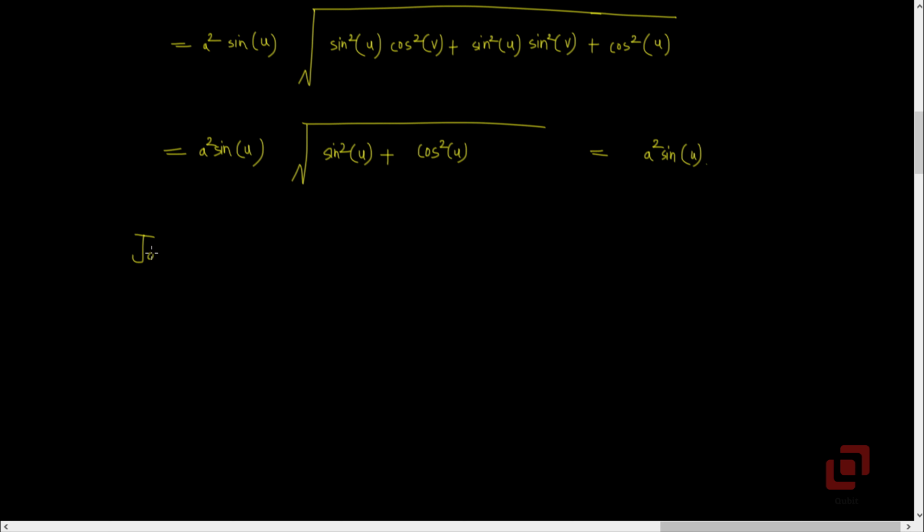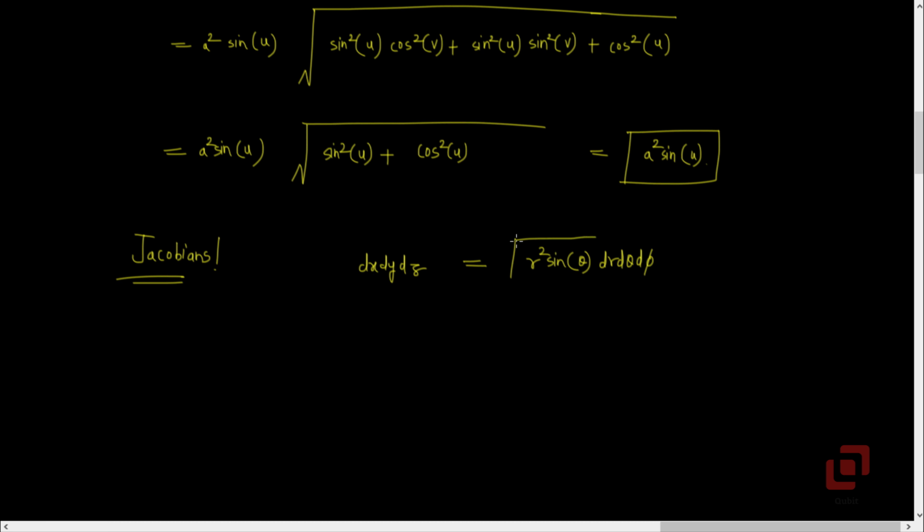For those who remember Jacobians, to transform dx dy dz into the corresponding spherical polar coordinates, we use r squared sin theta dr d theta d phi. And it is the same expression here that we have got, a squared sin u, which is the Jacobian r squared sin theta, but in our case the radius r was a constant.